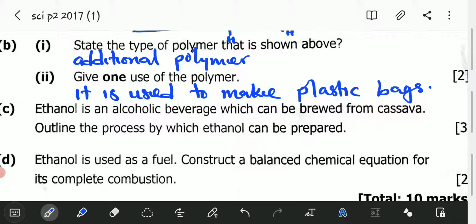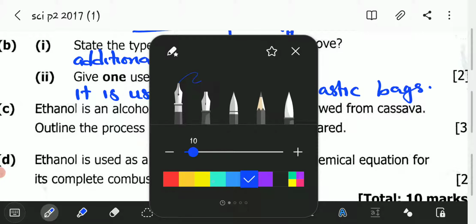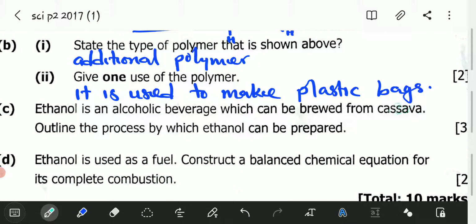Now, in this particular question, we are limited in the process we are going to outline. The reason is that they have mentioned the word cassava. What is cassava?